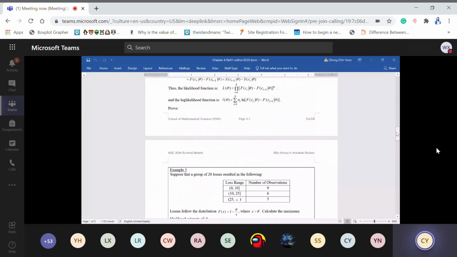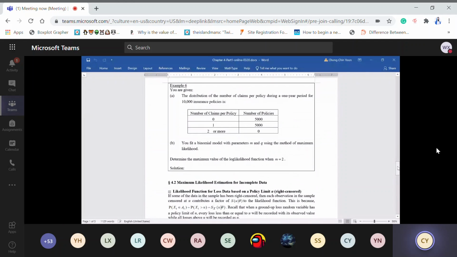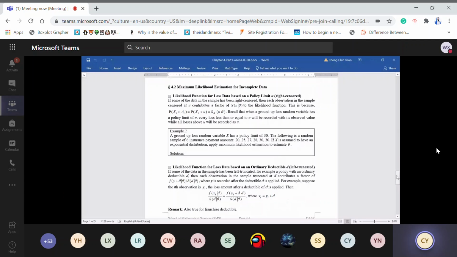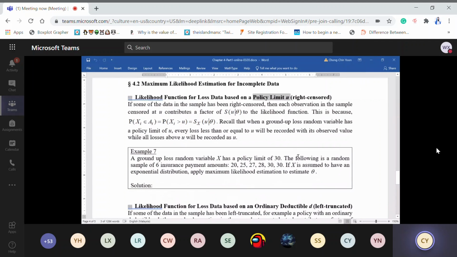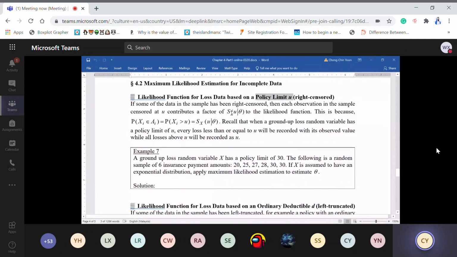So let's go to the incomplete data. For incomplete data, you can see that there are 3 cases. One may involve the policy limit. If you involve the policy limit, then you will have this factor, the survival at u.